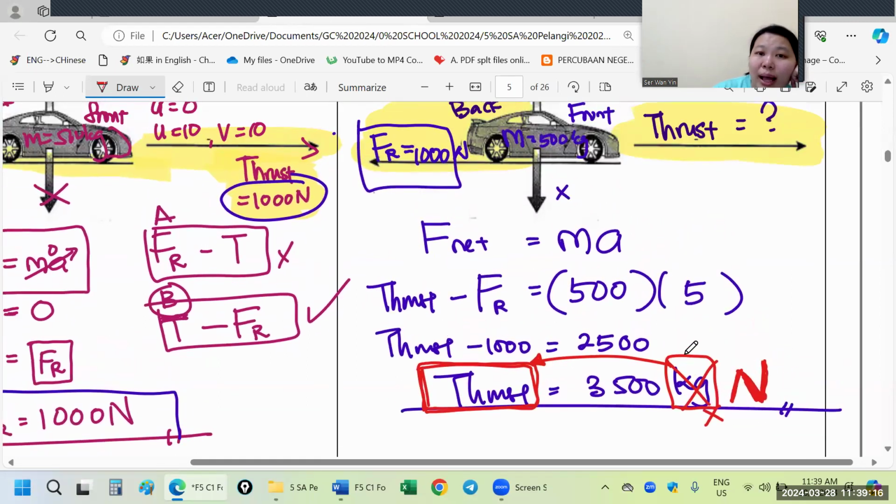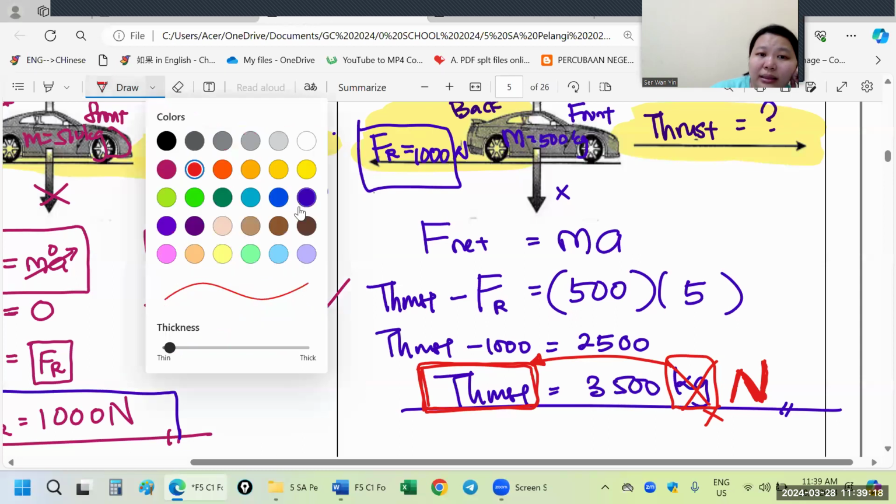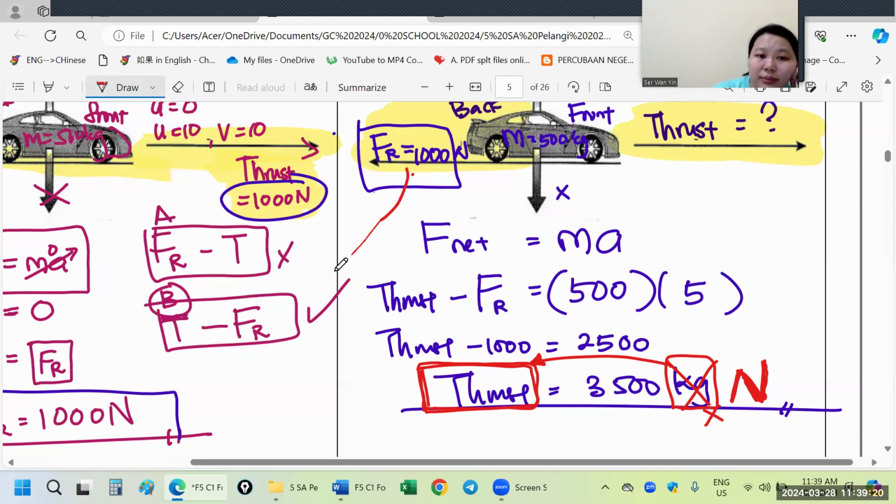Okay, so now, why the frictional force is 1000 and actually it is maximum lah. So 1000 means the force in between the tire and the road.